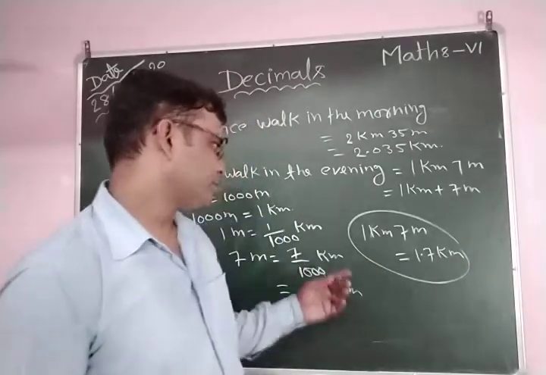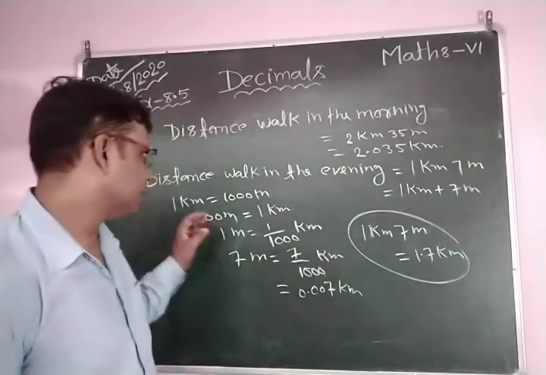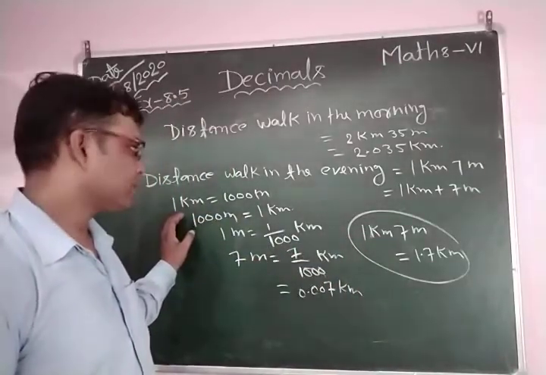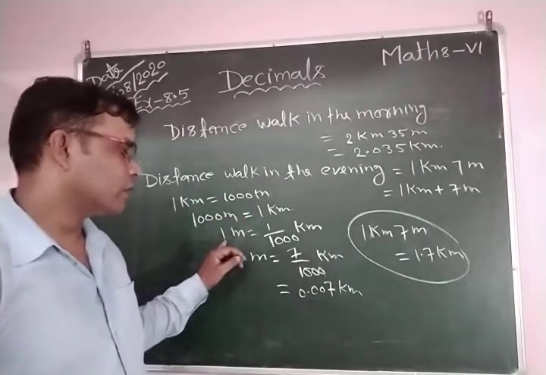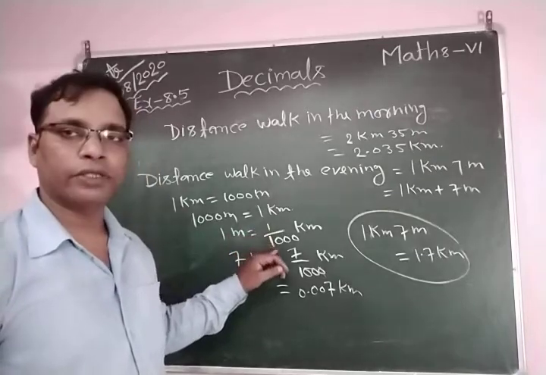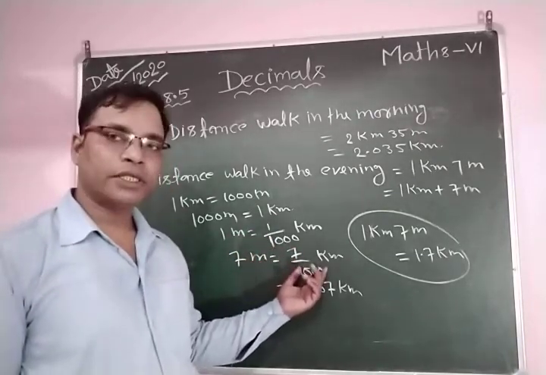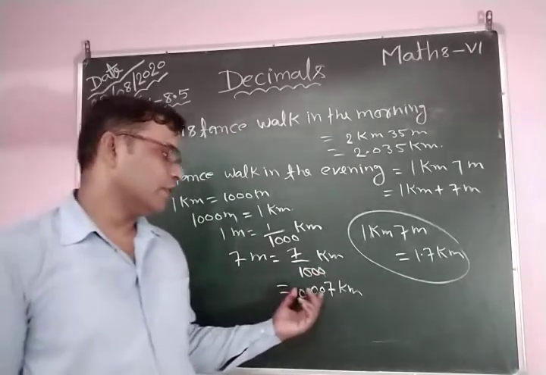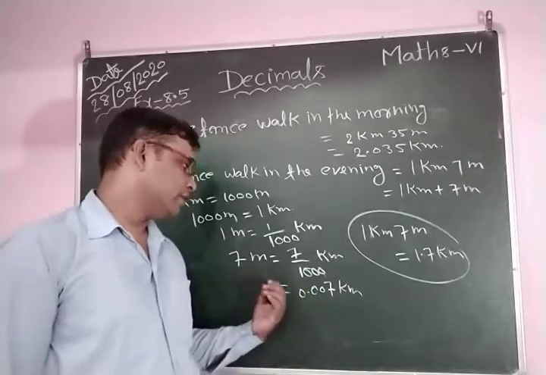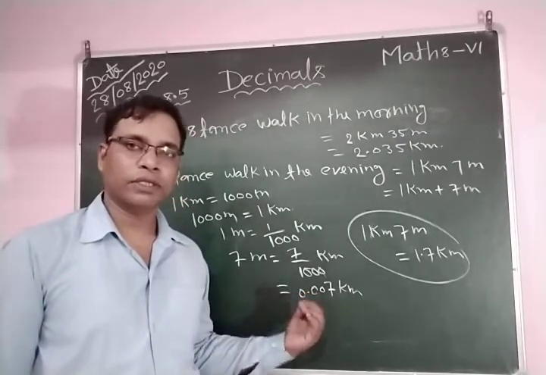So change meter into kilometer very carefully. 1 kilometer is equal to 1000 meters, or 1 meter is equal to 1 by 1000 kilometer, so 7 meter is equal to 7 by 1000 kilometers, or in decimal 0.007 kilometers.